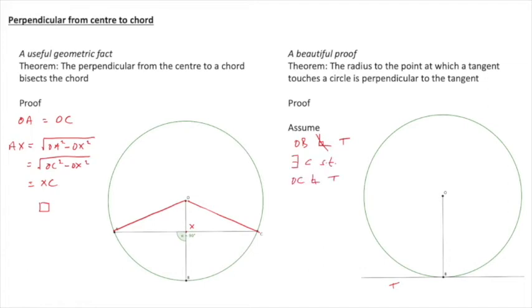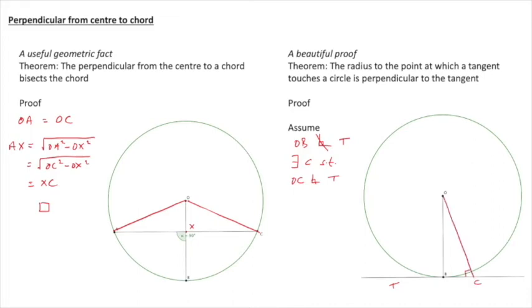Okay, now we're using some symbols here which you may well have seen in some of the previous videos, but if not, I'll explain them. The backward E is there exists, S.T. is such that. So what that line says is there is a point C such that OC is perpendicular to T. So it must be possible to draw a line from O to the tangent that is perpendicular.